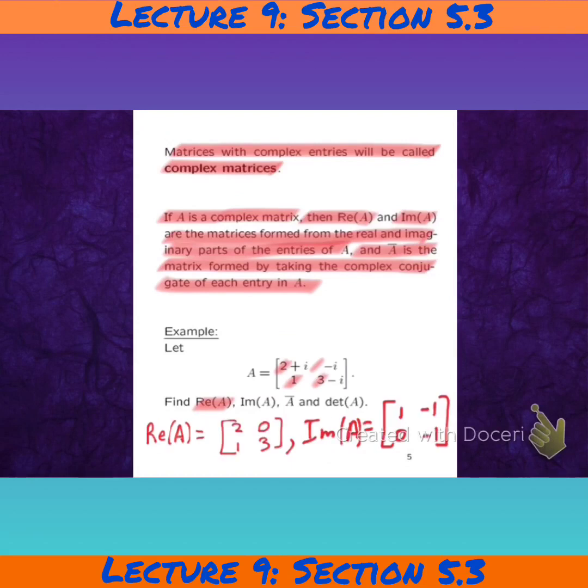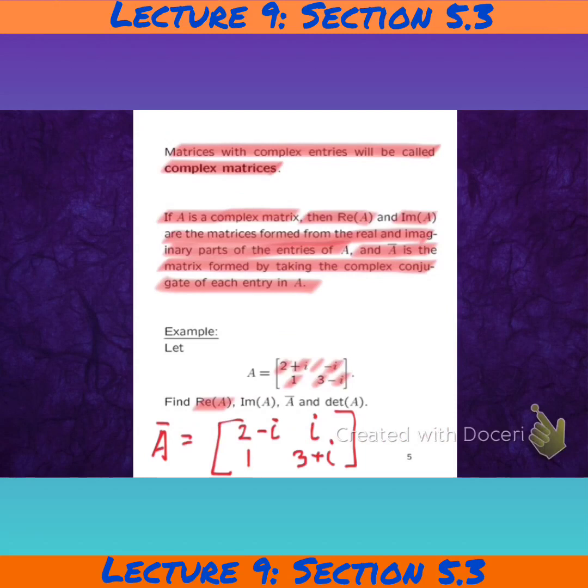Look at the imaginary part, it's going to be formed by those entries there. Okay. And what is the conjugate of A? Conjugate of A is going to be the conjugate of each one of the entries, okay, which is going to be that and that.